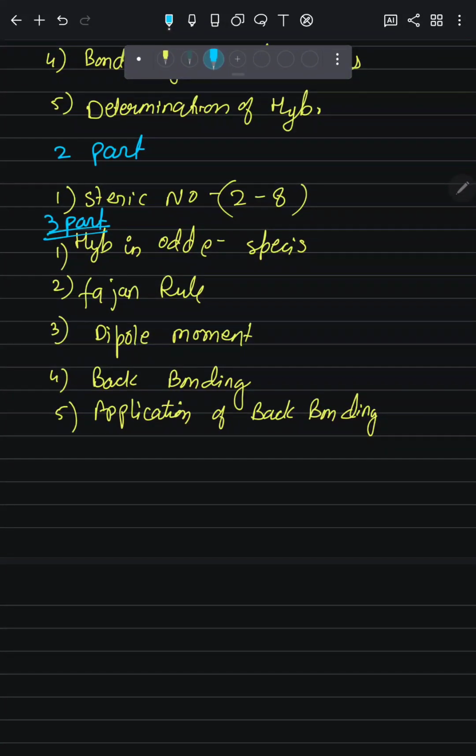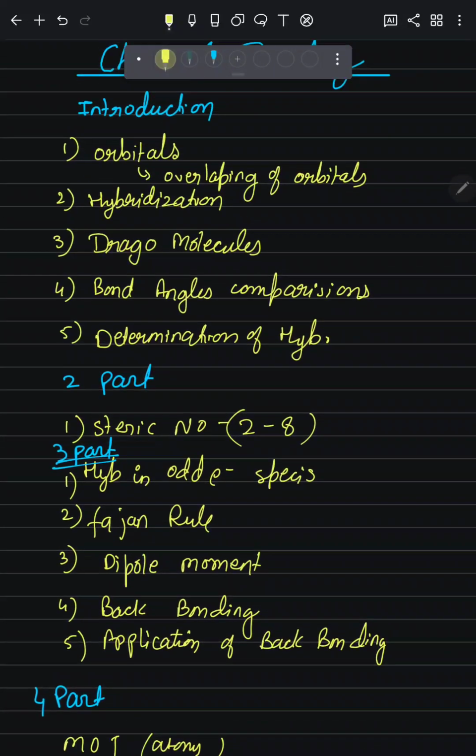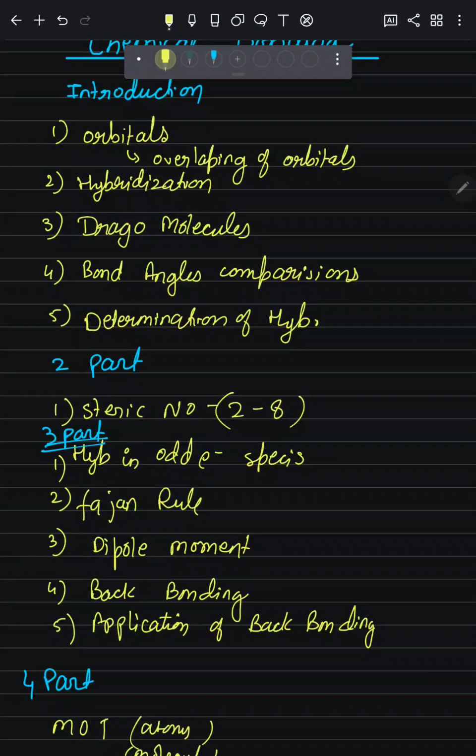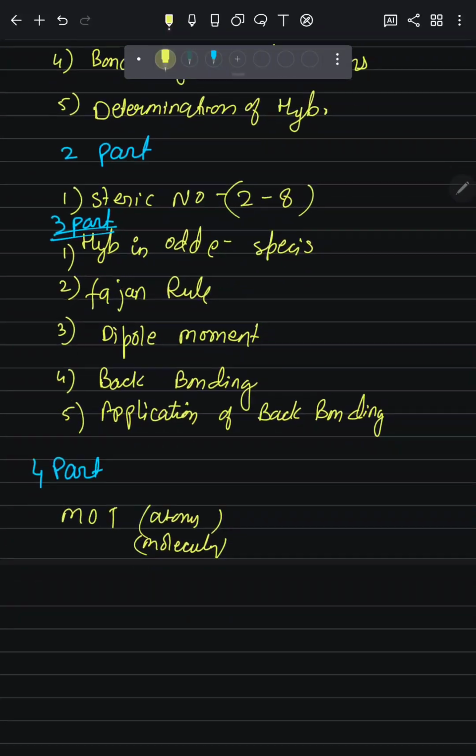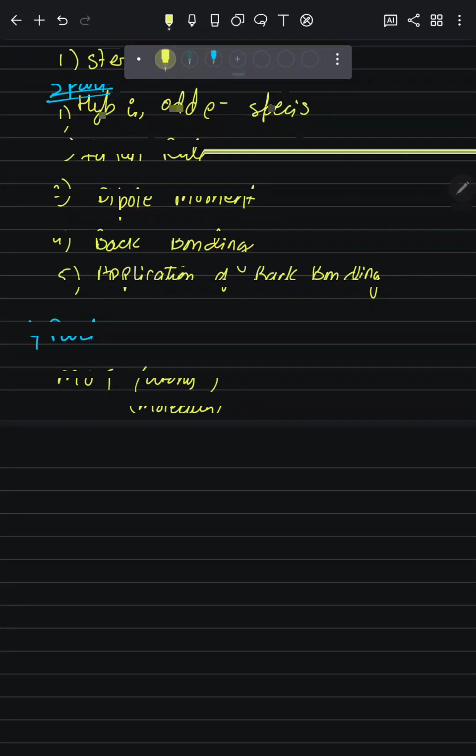And the last part that we are discussing is the fourth part, part 4. Here we are discussing the MOTs of some atoms and molecules, MOTs and their graphs and their structures. So these are the main important points that we are discussing further down in this unit.